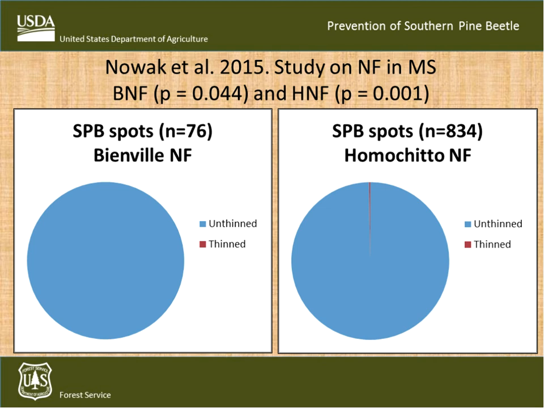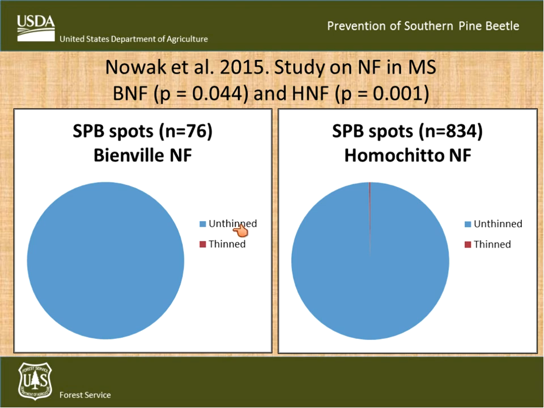There were a lot of other studies about thinning and southern pine beetle between 1980 and 2015, but this was one study that I was involved in. There was a southern pine beetle outbreak on the National Forest of Mississippi in 2012, and we went down there and looked at where the southern pine beetle spots occurred on the landscape.